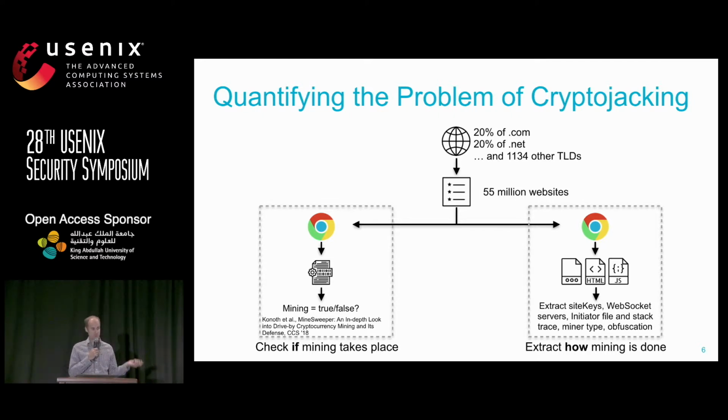So we used another crawler to extract site keys, WebSocket proxy connections, and initiator files, which start the whole mining operation, in order to do campaign analysis afterwards. Since the cryptojacking landscape is evolving pretty fast, we deployed this on a large scale on 60 servers within the university network, and we were running 720 simultaneous crawlers for a period of 3 months.